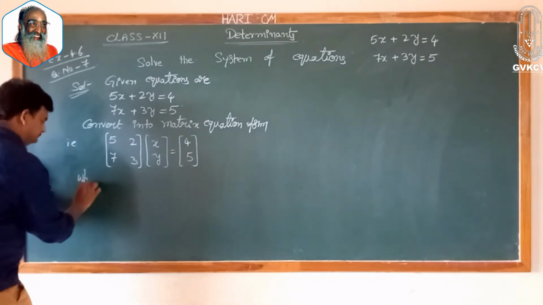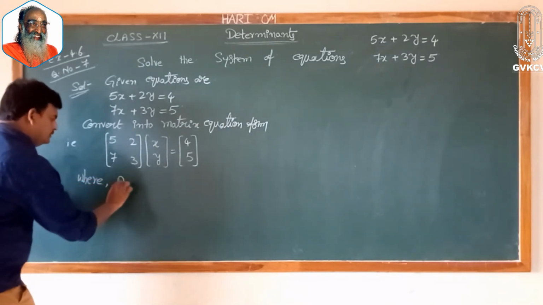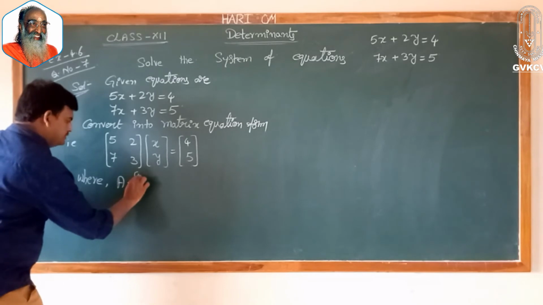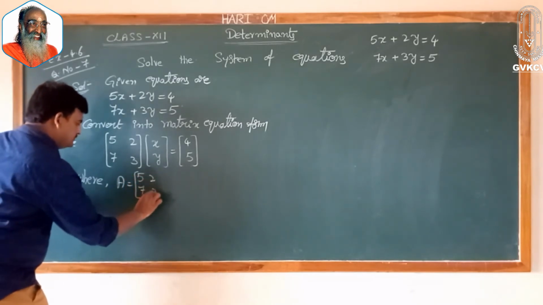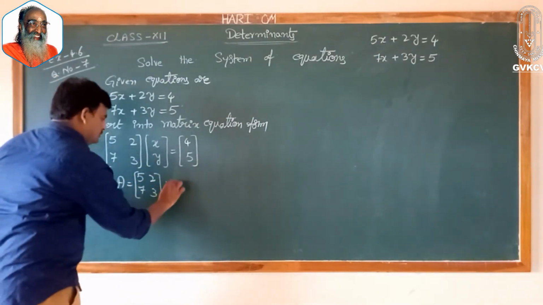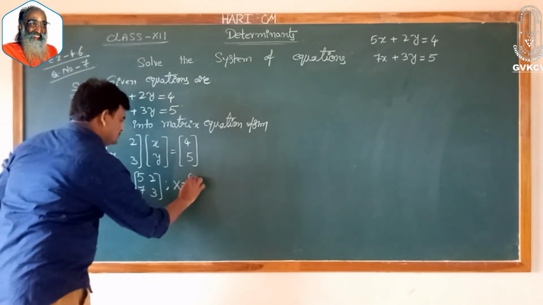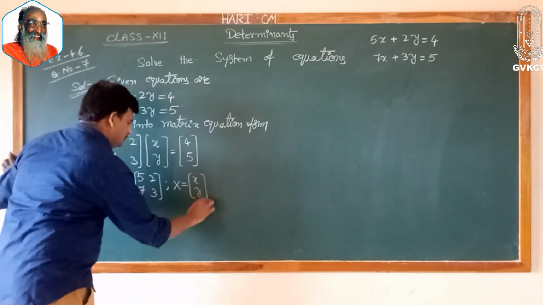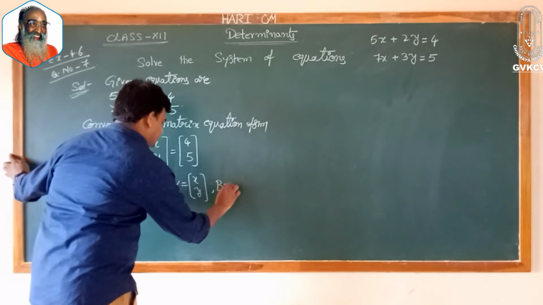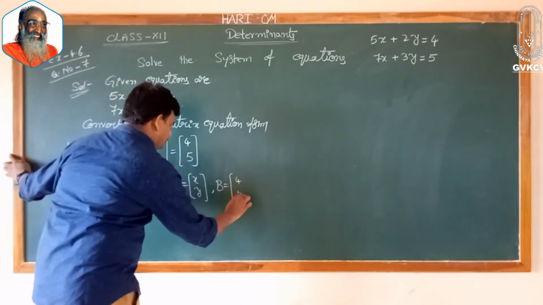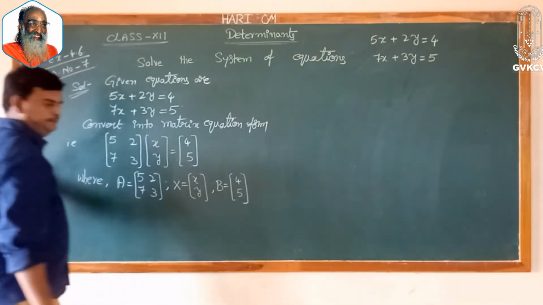Now, where A is equal to the coefficient matrix 5, 2, 7, 3. The variable matrix is x, y, and the constant matrix is 4, 5.